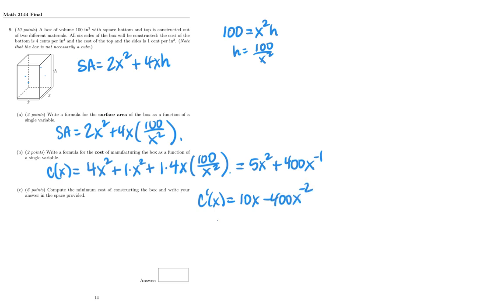If I set that equal to 0, I can add the 400x to the minus 2 over and multiply through by x. So I'll have 400 is equal to 10x cubed, divide by 10. So x is equal to the cube root of 40.